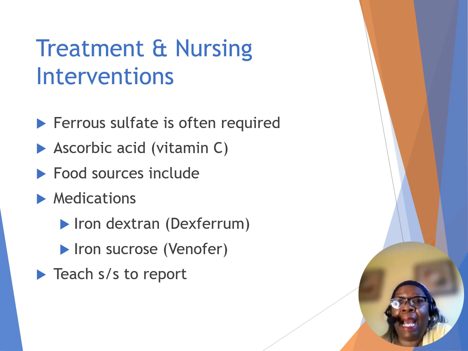Okay, if you said I am using the Z-track method, you are correct. Very good. Signs and symptoms that should be reported: diarrhea and nausea. Even though it is an expected side effect, it still needs to be reported. Okay? All right.